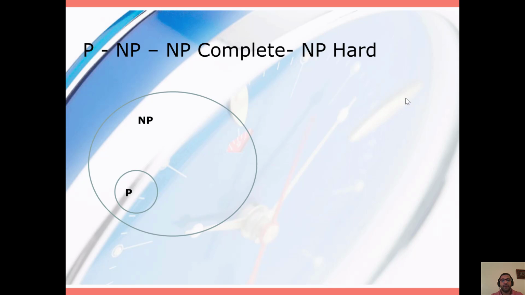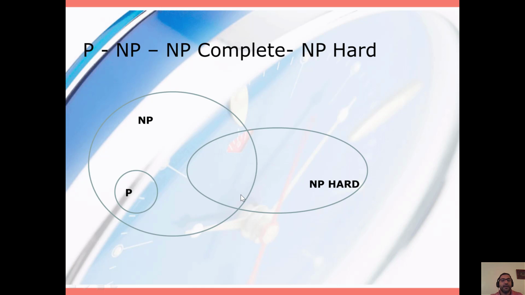And then we are going to talk about NP-hard. NP-hard is basically all the problems that are harder than or of the same complexity as NP. Basically, harder than is this area, or the same complexity as NP is the intersection between both of them.